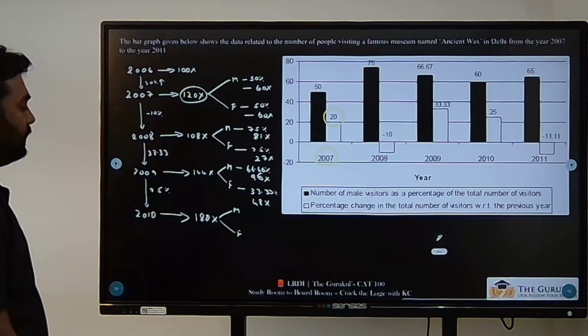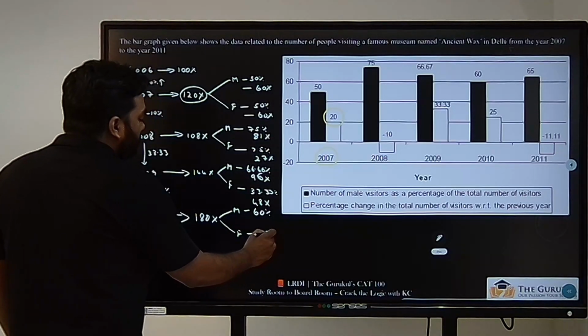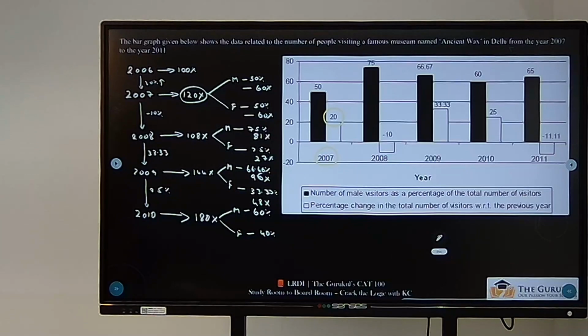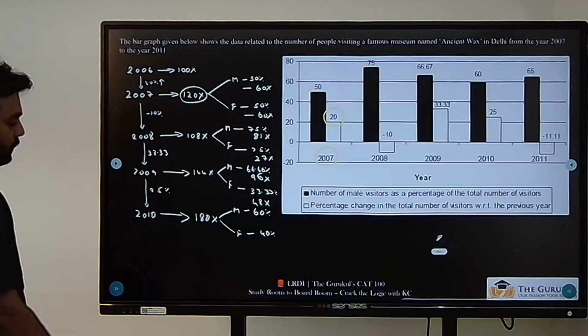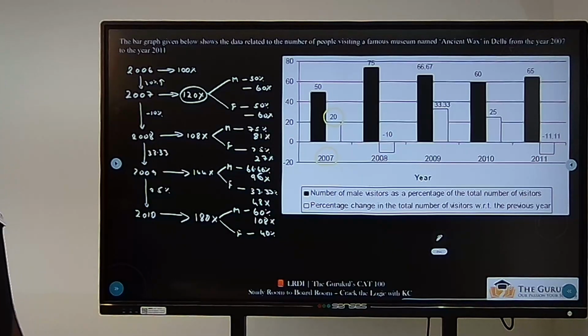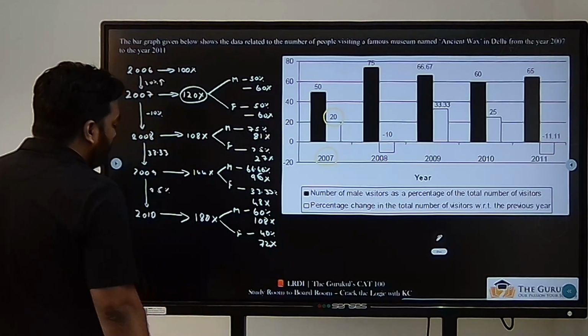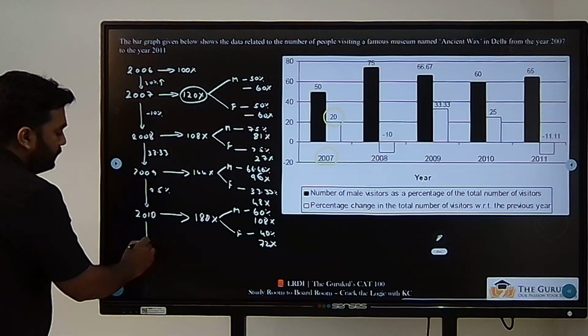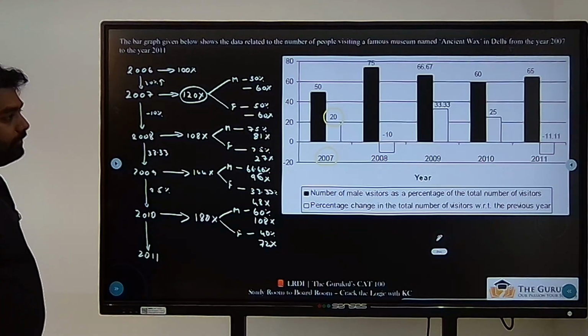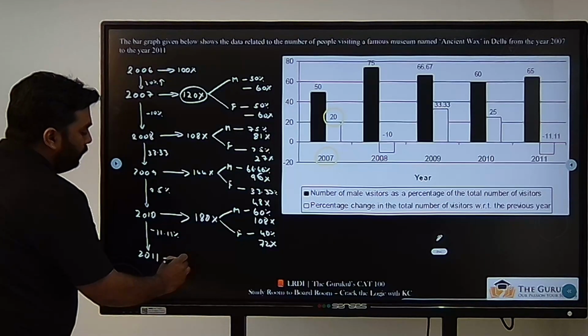Now how many males are there? 60% are male and the remaining 40% are female. If males are 60% out of 180, that will be equal to 108x. If males are 108x, females will be 72x.